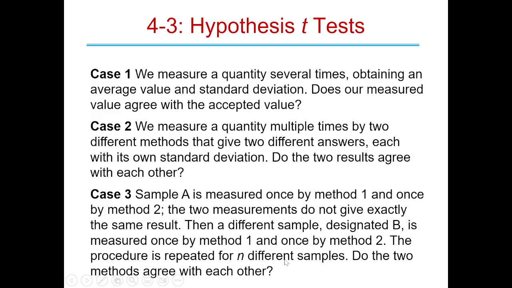Case number 3, you're going to get a number of these results, right? It's kind of like doing number 2 multiple times, okay? And so case number 3, we're looking at, do the methods agree with each other? This is typically only done a limited number of times. This would be the sort of thing you would do with a round robin to test labs. Are the methodologies matching between these labs?